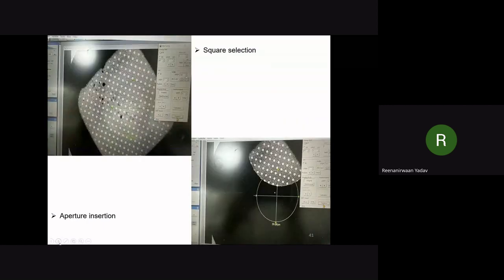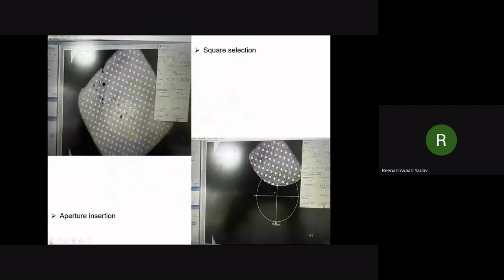During visualization we select a proper area which has optimal ice thickness. Then after doing initial alignment we can start imaging: aperture insertion, z height adjustment, aperture centering, objective axis centering, and setting our defocus values.